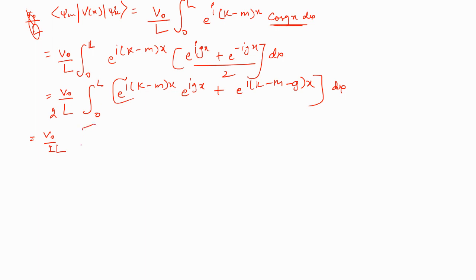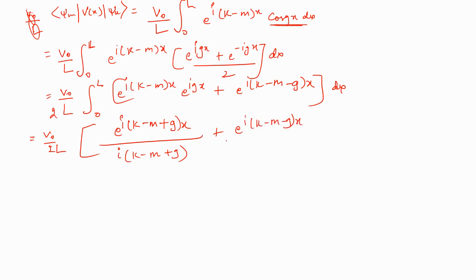Now solve this: e raised to the power iota k minus m plus g x upon iota k minus m plus g, then again e raised to the power iota k minus m minus g x upon iota k minus m minus g. This will go from 0 to L.